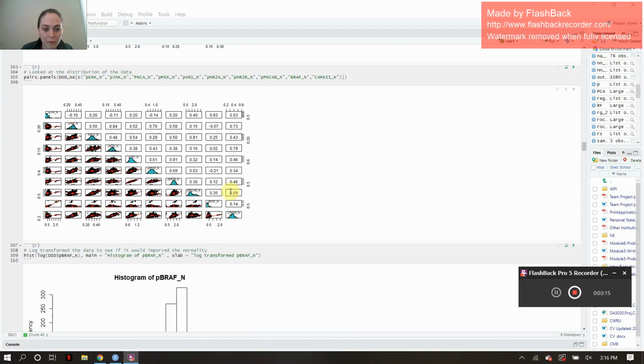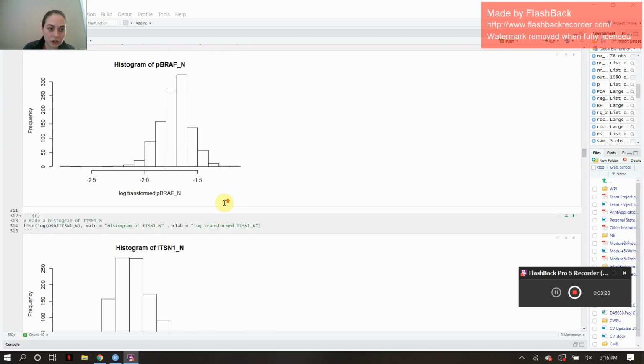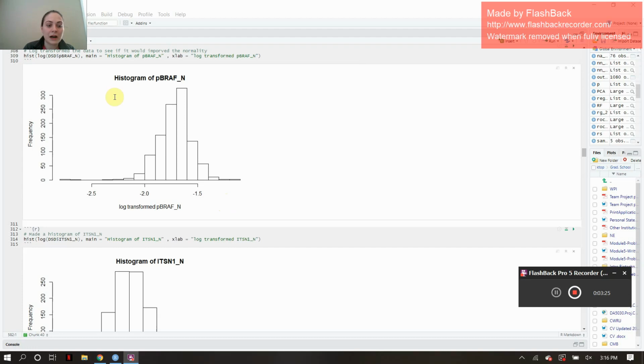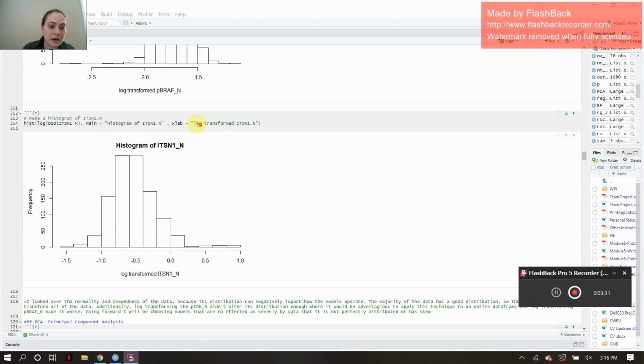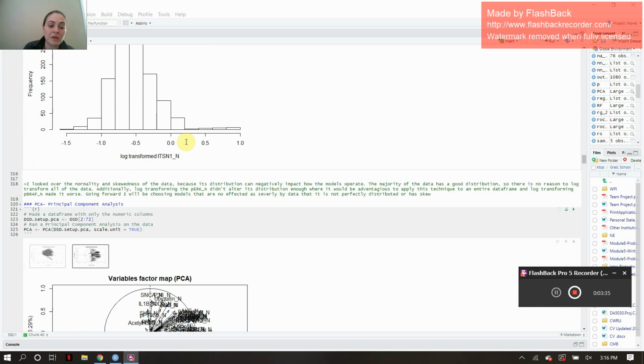As you can see here, BRAF down here in this section didn't have a good distribution. So I did some log transformations as well. And as you can see, it actually just shifts it completely to the other side of the graph, so it didn't help it out too much. It's still skewed. It did work well, though, with ITSN1, but there were a couple other instances where log transforming wasn't the best thing for it.